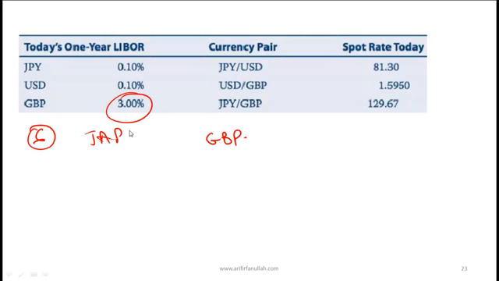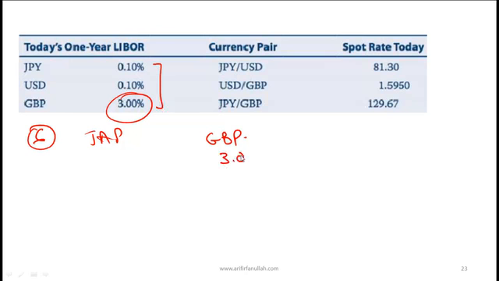But if you are fully hedged, then you don't need to worry about exchange rate risk, because you already know upfront that from an exchange rate perspective, the GBP is going to lose value by the difference of these two numbers, which is 2.9%.